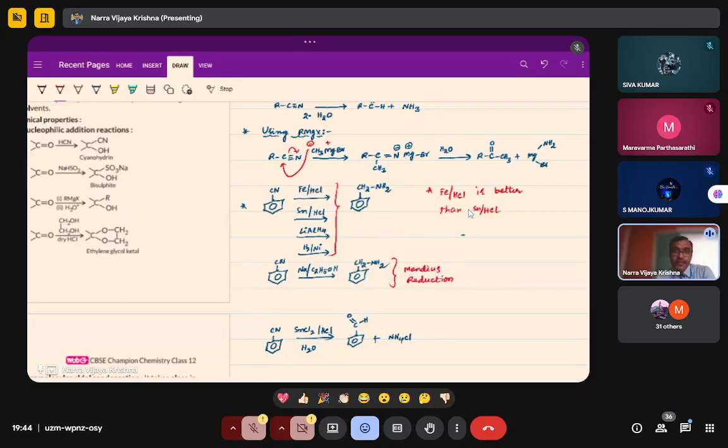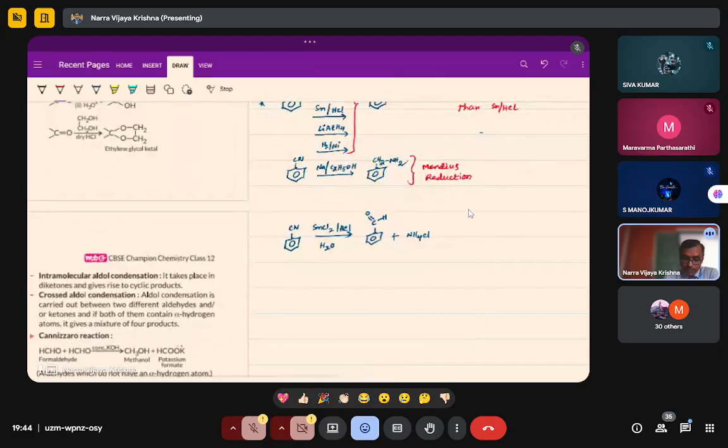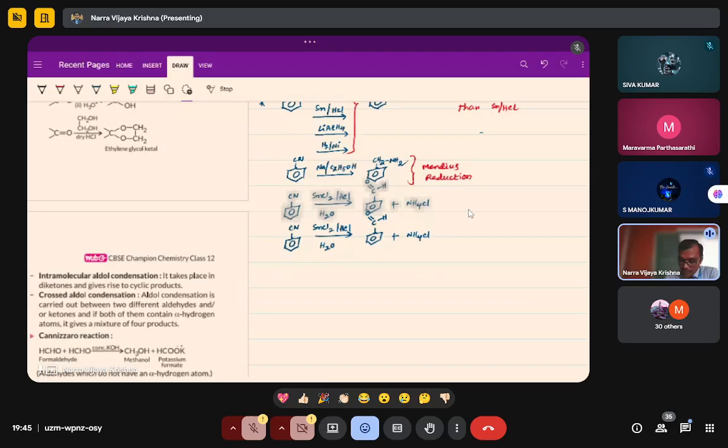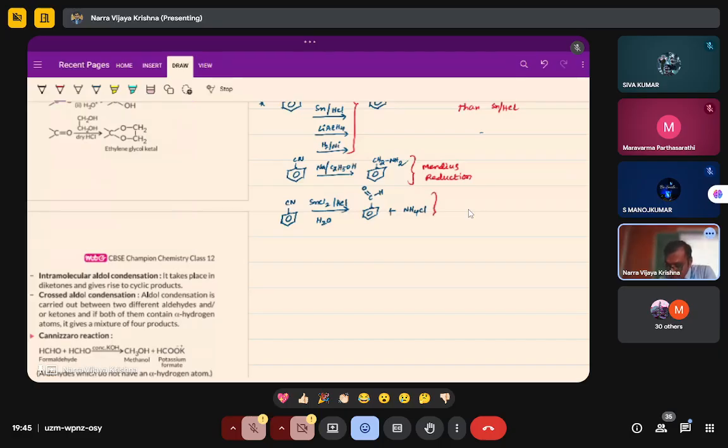If I use lithium aluminum hydride also, you will get amines. Sodium in presence of ethyl alcohol also gives amines, but we call that the Mendius reaction or Mendius reduction. Clear? Observe the difference between Mendius and the second reduction, Stephen.